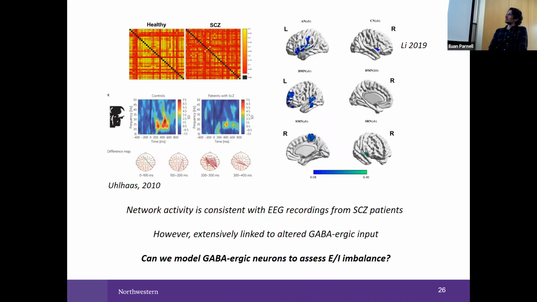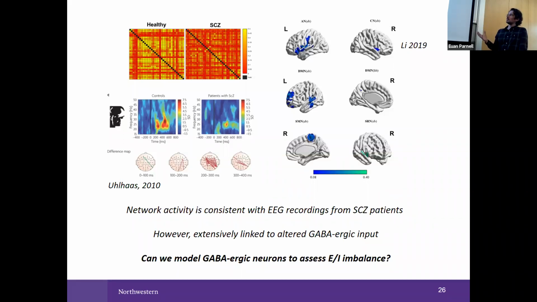In terms of network activity, this is something that's been repeatedly and consistently found to be altered in the brains of schizophrenia patients by both fMRI on the right and EEG. However, we are looking at a pure culture of excitatory neurons. That doesn't recapitulate this kind of activity that we see in the brain.